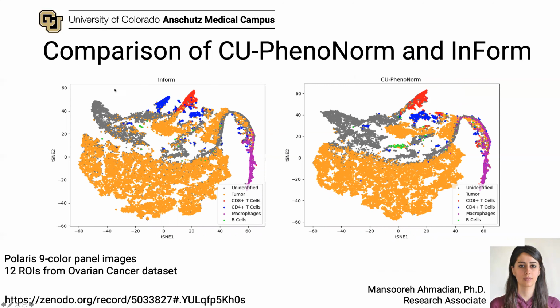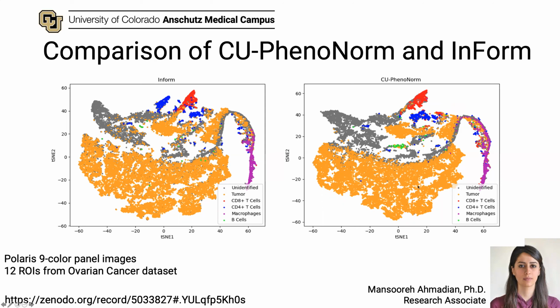I should mention that Inform is really only as good as the examples you give it, whereas the CU-PhenoNorm approach is more unsupervised. In Inform, you're going through and collecting and giving it examples of B cells and macrophages and T cells, and it can only learn the examples that you give it. So there's definitely some inherent error on the Inform side of things that's dependent on the person training the algorithm.